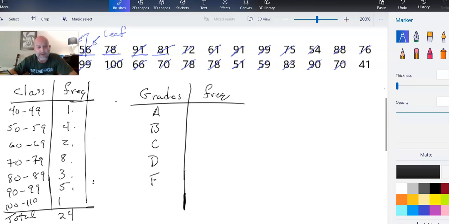We're going to just break it up this way. Okay, so the number of A's, let's see here. So pretty much anything in these two categories is going to be the number of A's. So that means I have 6 A's altogether. The number of B's, well, that's just going to be this category here, right? Because it's 80 to 89. Those are your B's. So that's a 3.